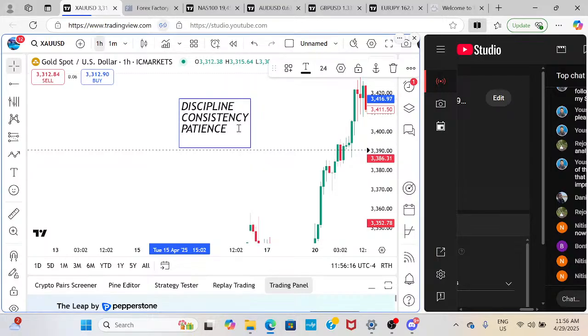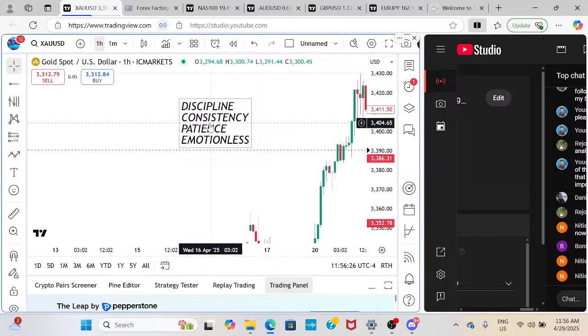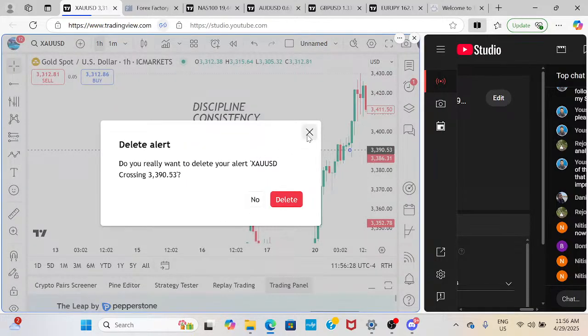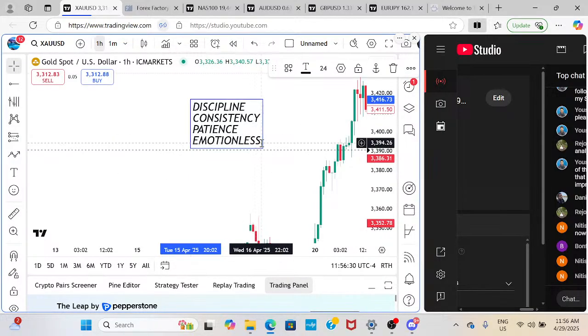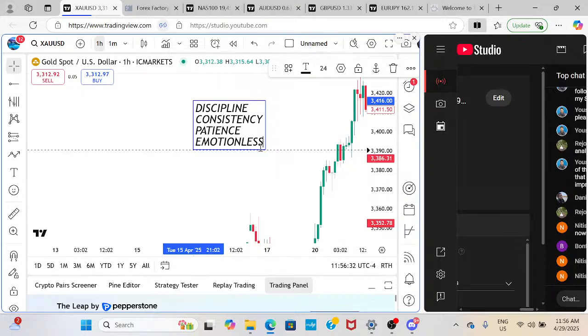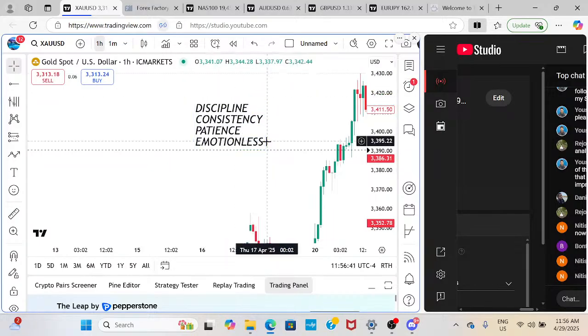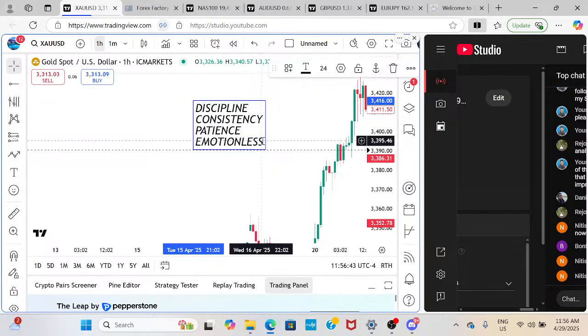And then I'm going to just add this lastly. Emotionless. Not saying that you have to become someone that has no emotion in real life towards other people. No, when it comes to trading, when you are trading, have zero emotions, right?